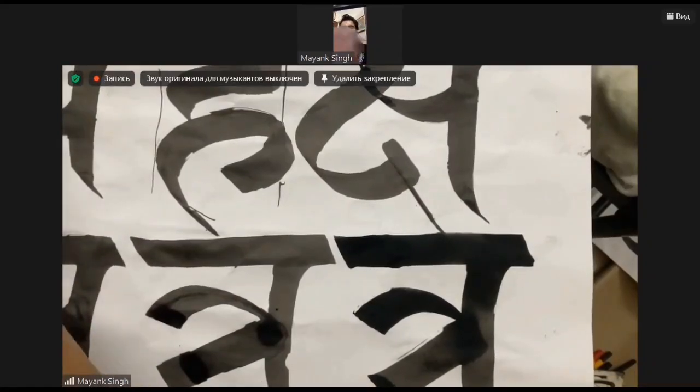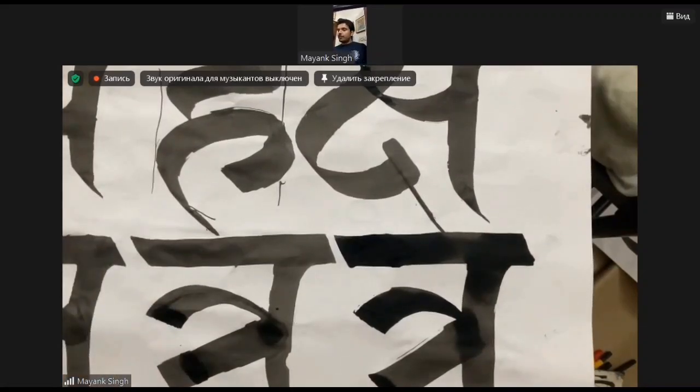We can now start with the numerals. So numerals are pretty easy, and it's very similar. You will find a lot of alphabets in numerals.